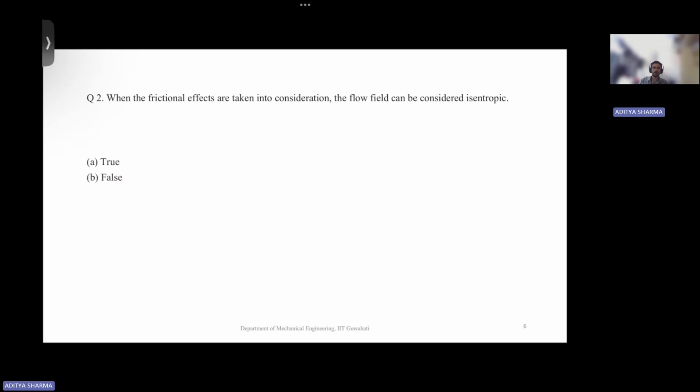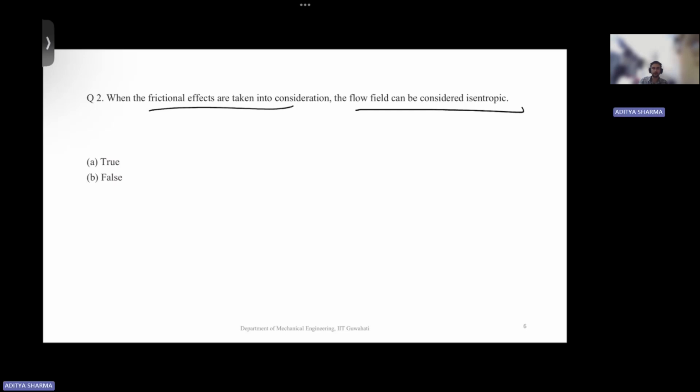This question says that when the frictional effects are taken into consideration, the flow field can be considered isentropic. So if frictional effects are there in the flow, can you call your flow field isentropic? If you have gone through the lecture, you should be able to answer this question. This way we will be able to revise the content of our lectures.